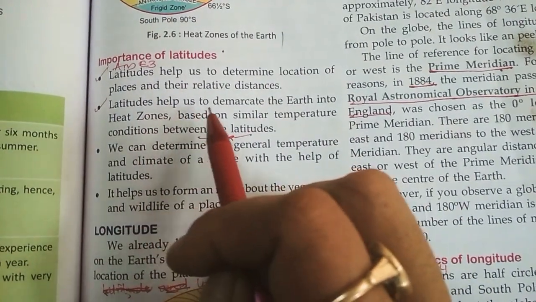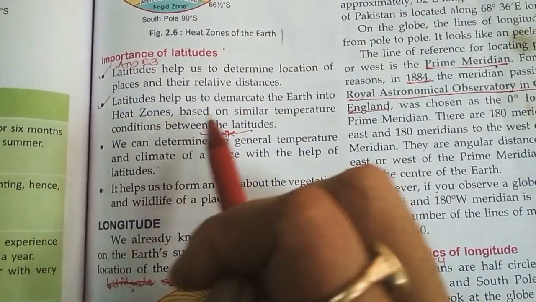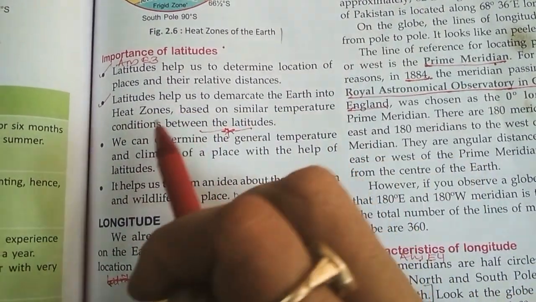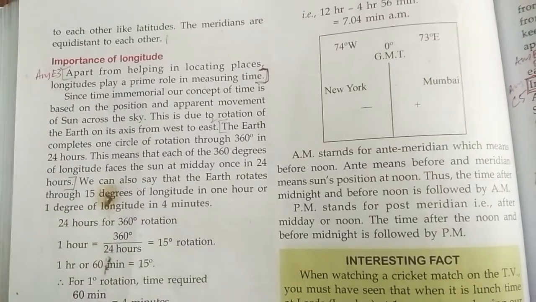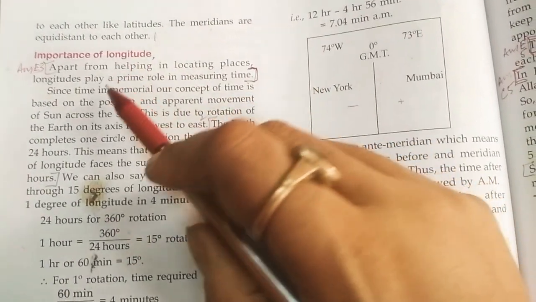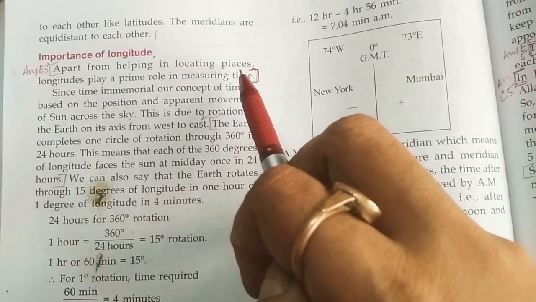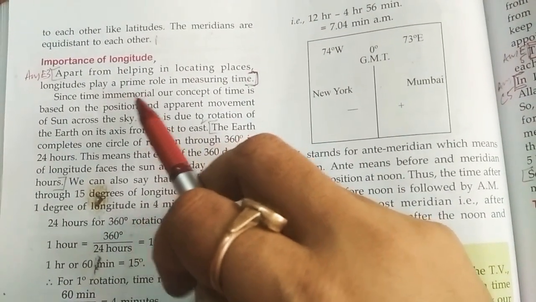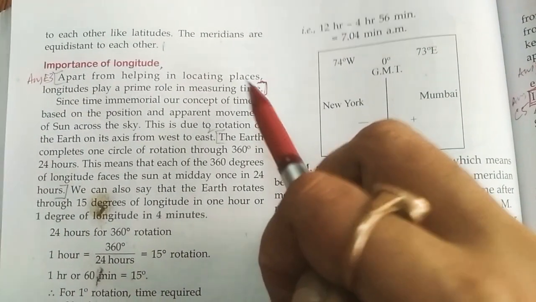Latitudes help us to demarcate the earth into heat zones based on similar temperature conditions between the latitudes. Then you'll write a heading importance of longitudes, and you'll write apart from helping in locating places, longitudes play a prime role in measuring time. That's it.